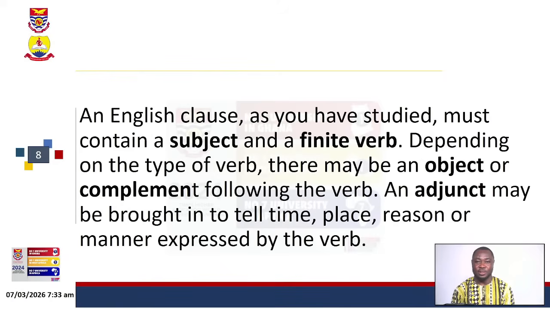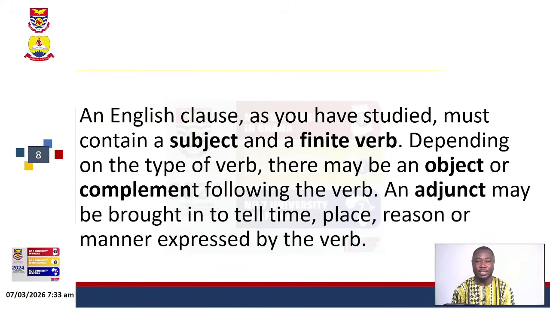An English clause, as you have studied, must contain a subject and a finite verb. Every English clause that is considered as a sentence must contain a subject and then a finite verb.